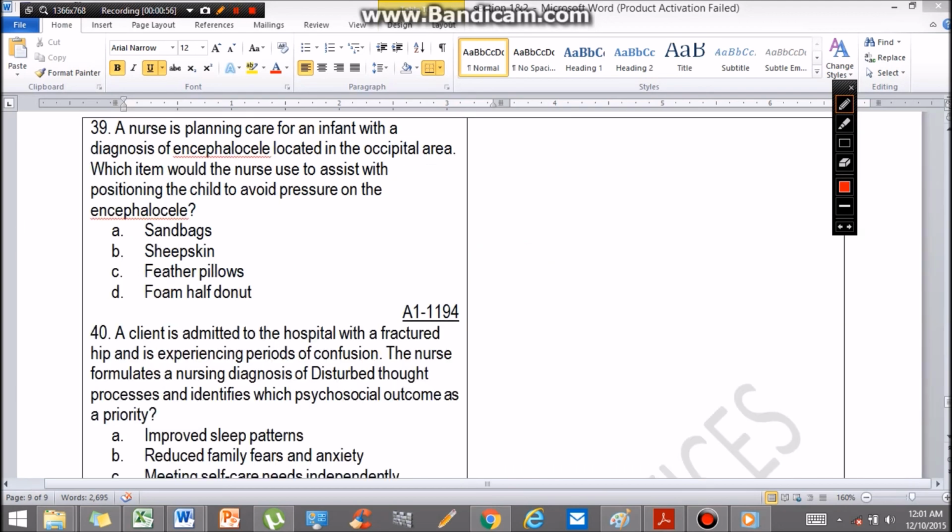A nurse is planning care for an infant with a diagnosis of encephalocele located in the occipital area. Which item would the nurse use to assist with positioning the child to avoid pressure on the encephalocele? Now, remember that this, for example, is the head of the client.